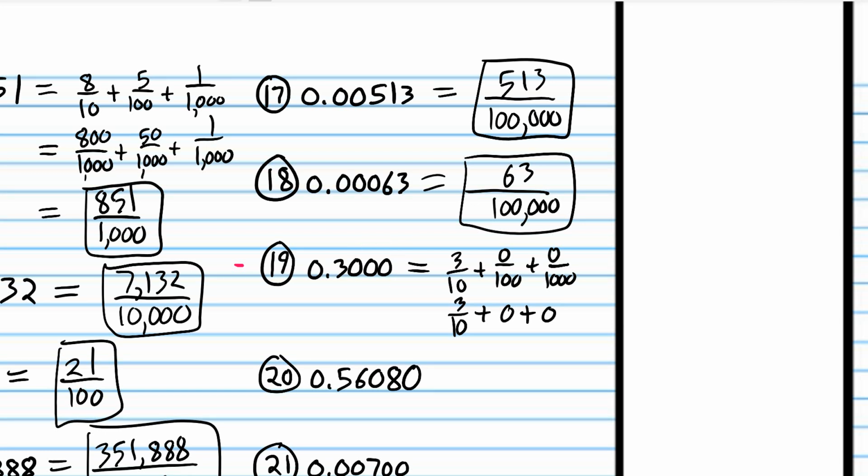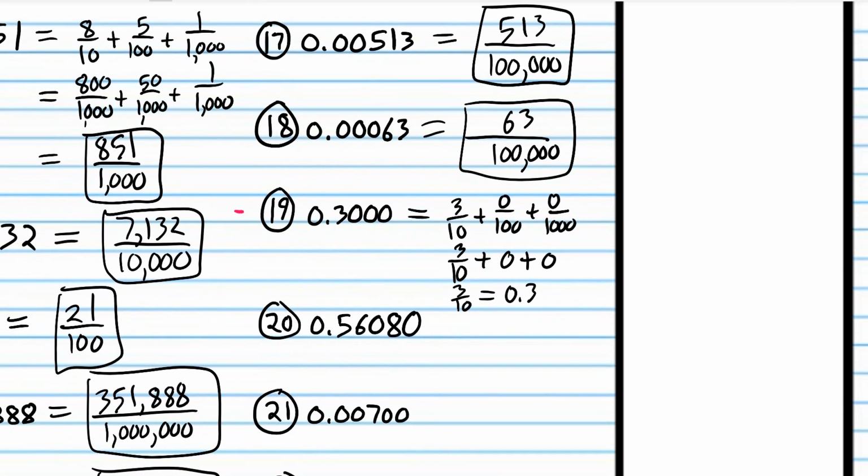You're just left with 3/10. So all that added together equals 3/10. But remember, 3/10 is just 0.3. You put the 3 in the tenths place. So the point is, all these zeros, they don't really do anything. You can just leave them off.